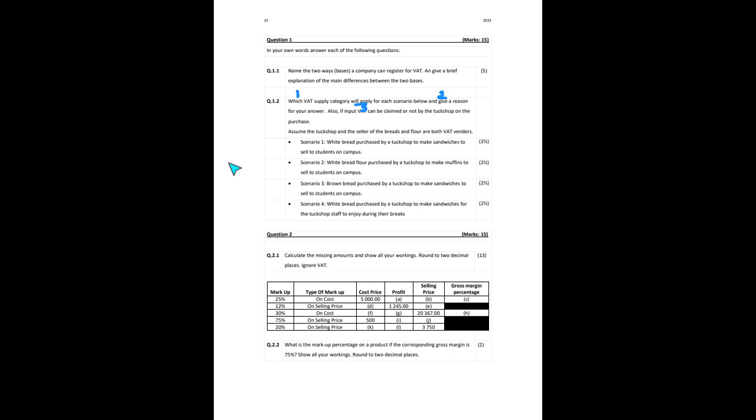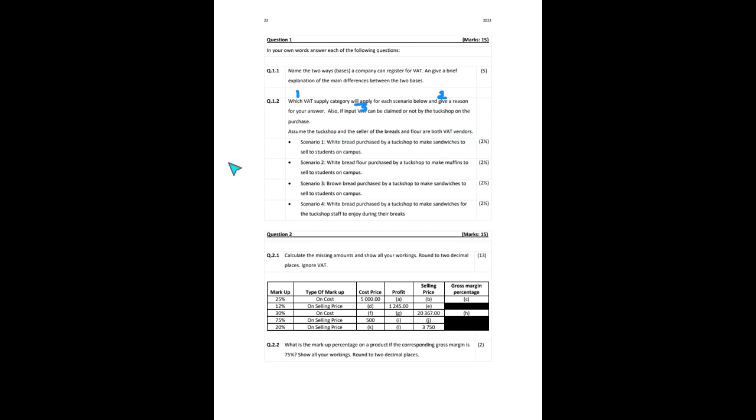So we are a tuck shop, and we purchase bread and flour to use in our tuck shop. And we must assume that both the tuck shop and the shops that we purchase our bread and flour from are both VAT vendors.